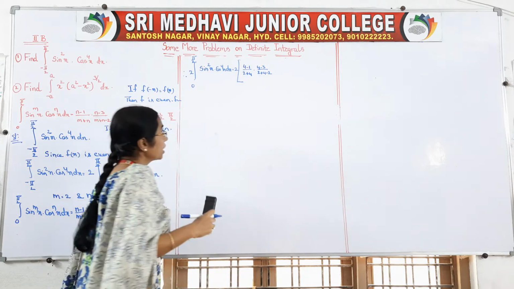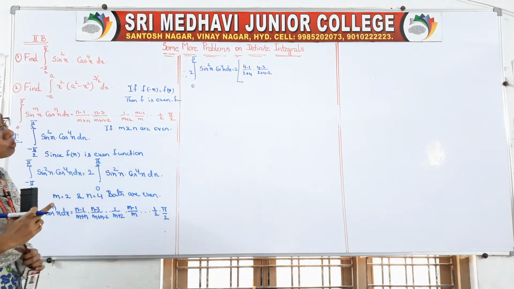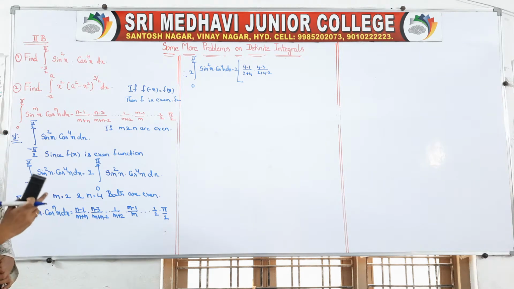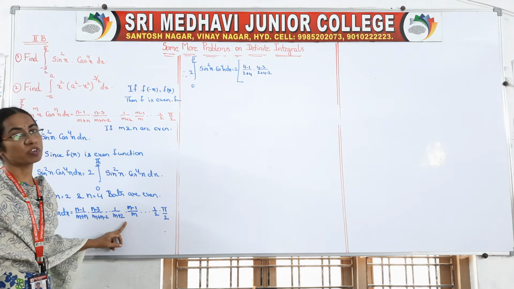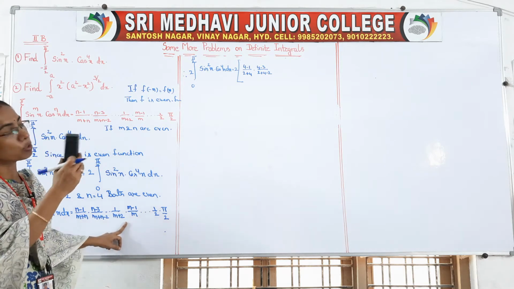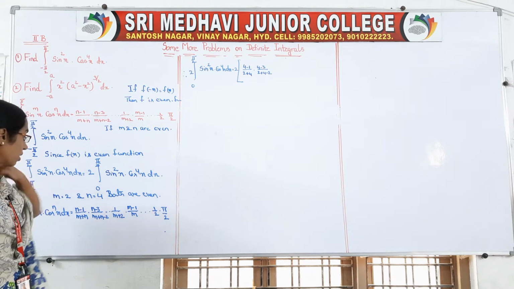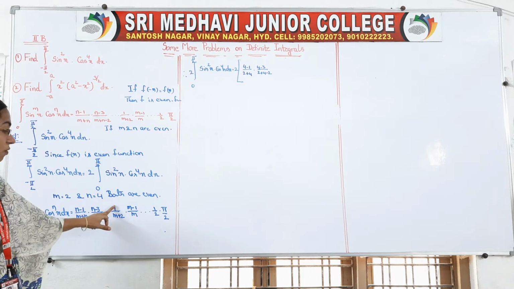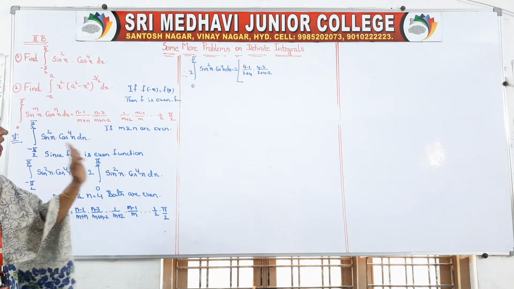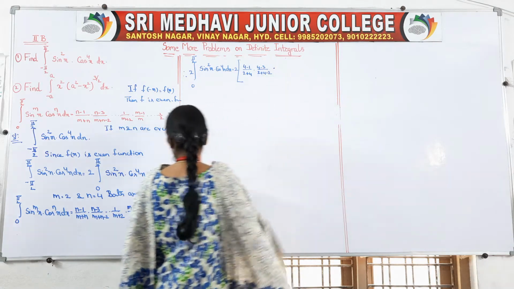Till we get 1 by m plus 2. 4 minus 3 is nothing but 1, and by m plus 2 we have to get, so that is 2 plus 2. So it is 1 by m plus 2. We stop there, and then we start with m minus 1.